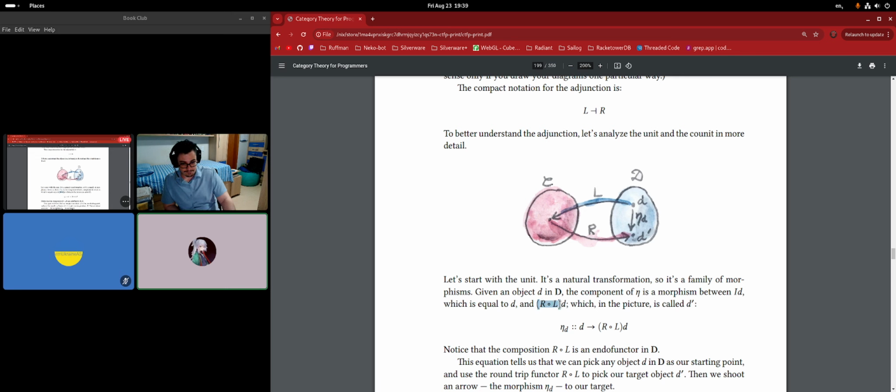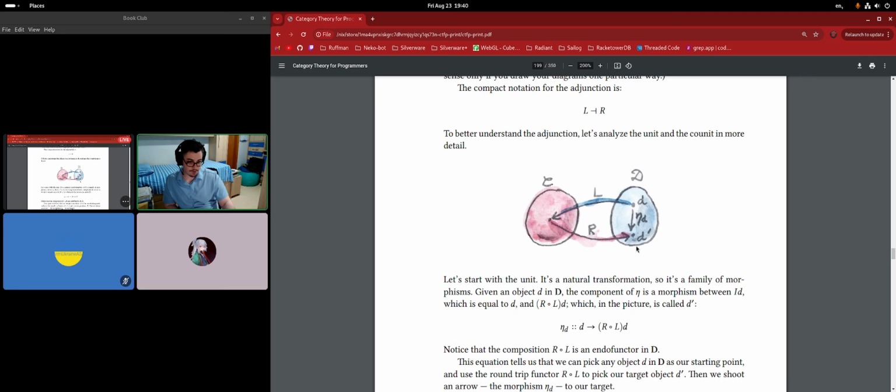And this is the functor lifting D, which in the picture is called D prime. And why is it D prime? Because if you have D and you lift using L to this point, and then you lift that with R back to D, you may not necessarily end up in the same place exactly. So we're going to go to D prime.